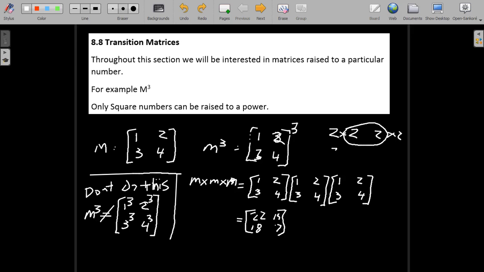If we had a 2 by 2 and we're multiplying it by a 1 by 2, a row matrix, these two numbers would be different, which means we can't multiply it out. So it can only be square matrices.